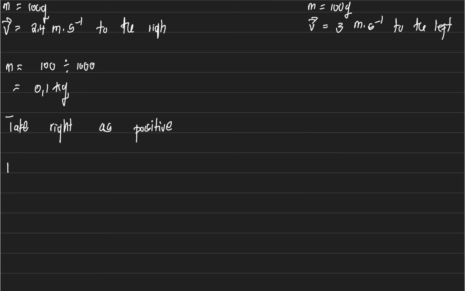So the momentum for ball number 1 is going to be P, which is equal to mv. This is the formula for calculation of the momentum. And then we have our mass, which is 0.1, and the velocity for ball number 1, it's 2.4, which is equal to 0.24 kilograms meters per second.